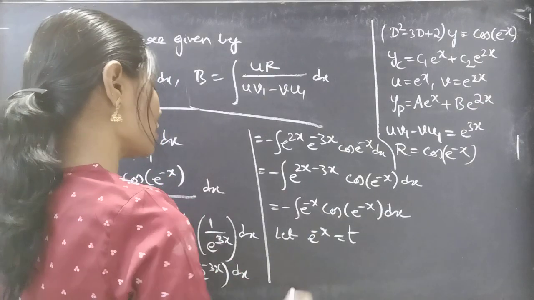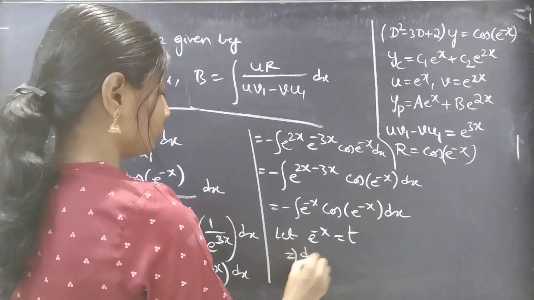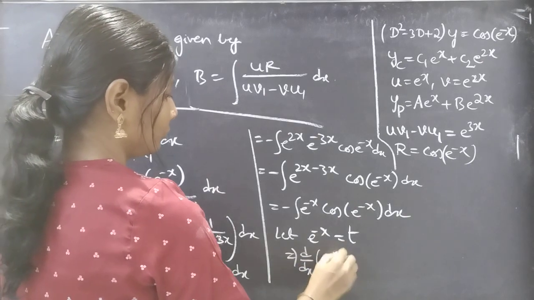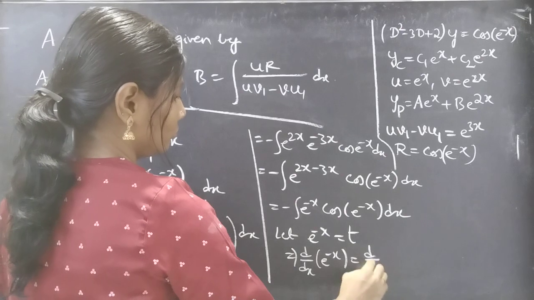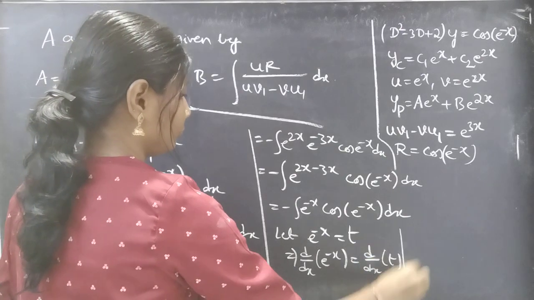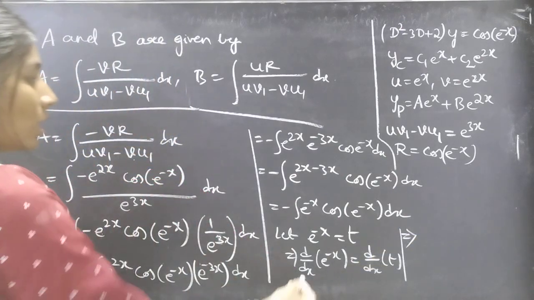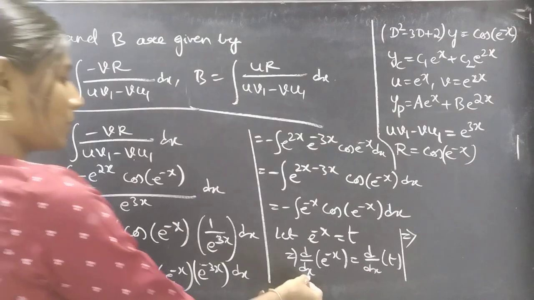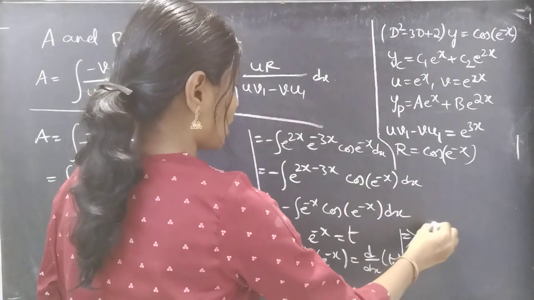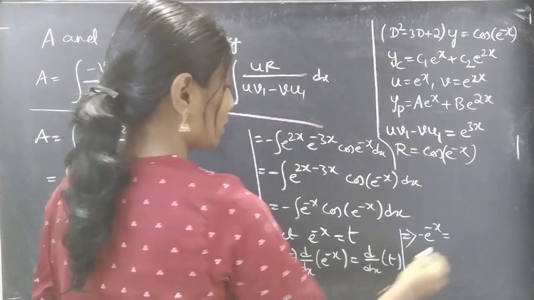Now differentiate on both sides with respect to x. Then we'll get the derivative of e^(minus x) with respect to x, which is minus e^(minus x), equal to dt by dx.